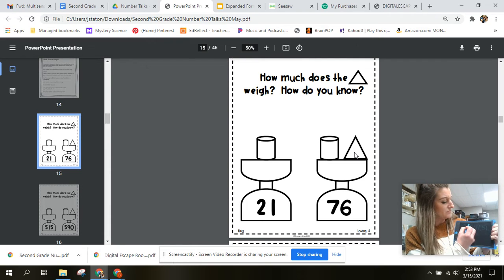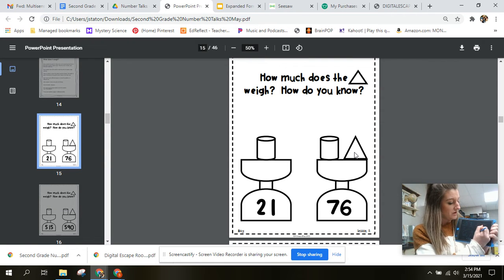Let's count what we did. 10, 20, 30, 40, 50. We just added 50. Now, how do I get from 71 to 76? If you know that 1 plus 5 makes 6, then 71 plus 5 makes 76.